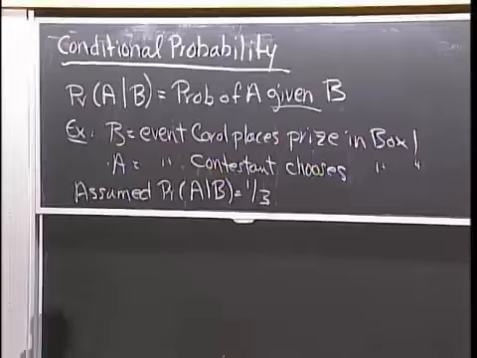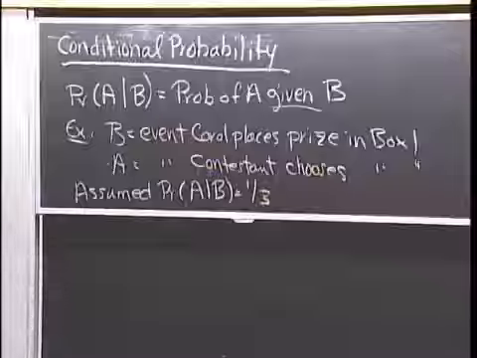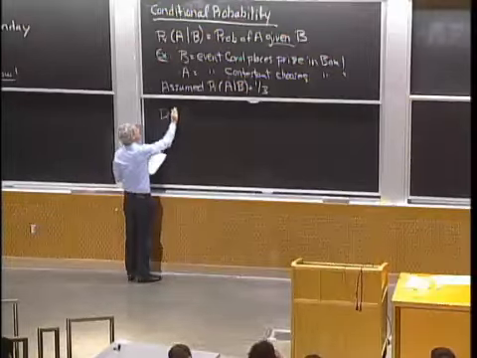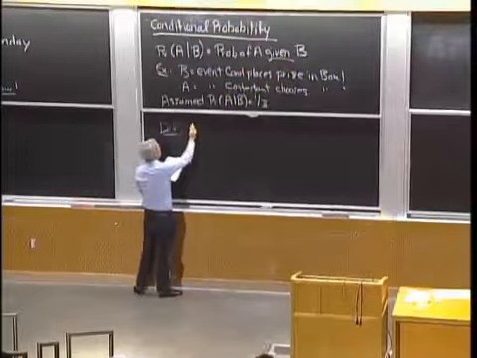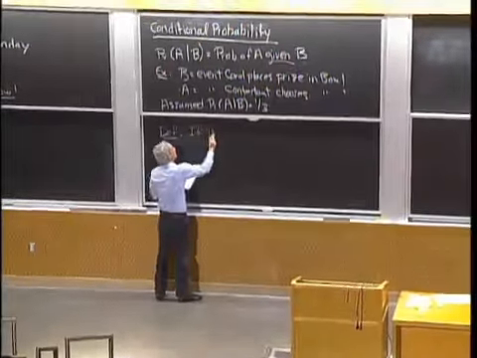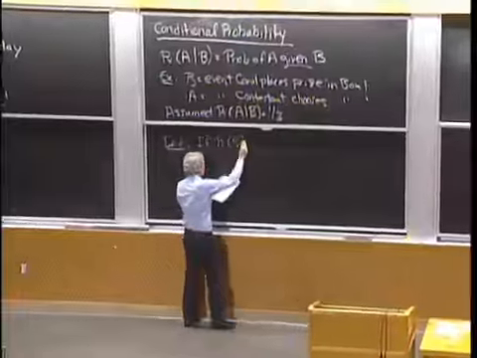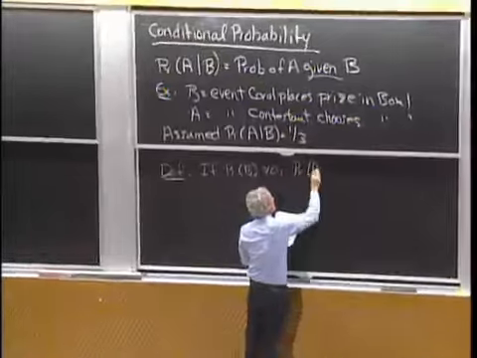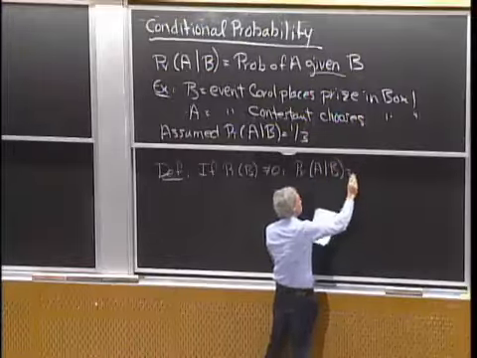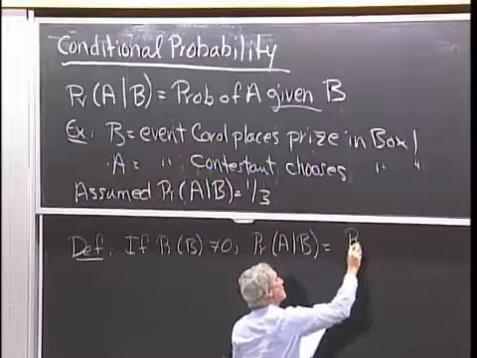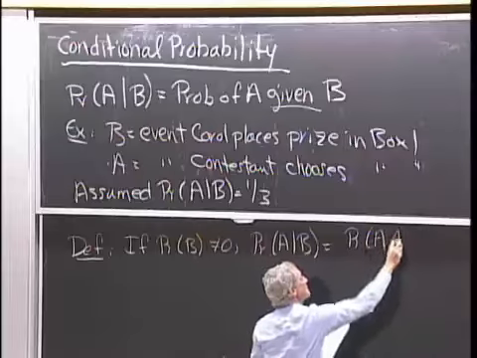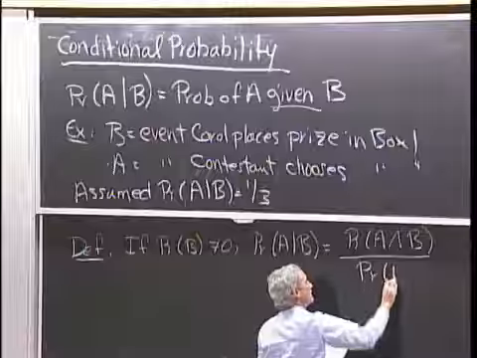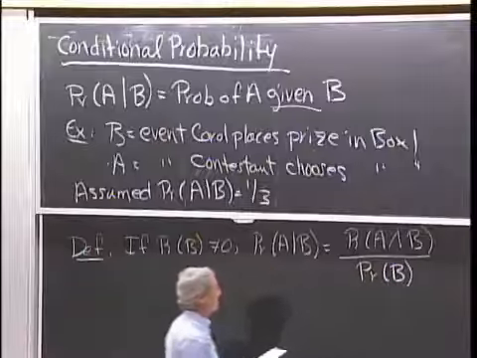Now, in general, there's a very simple formula to compute the probability of A given B. In fact, we'll treat it as a definition. Assuming the probability of B is non-zero, then the probability of A given B is just the probability of A and B happening, both happening, divided by the probability of B happening.